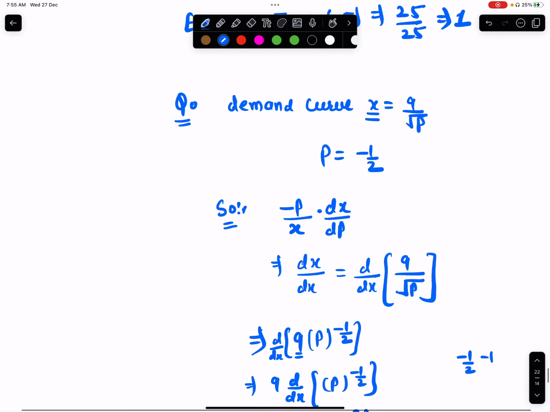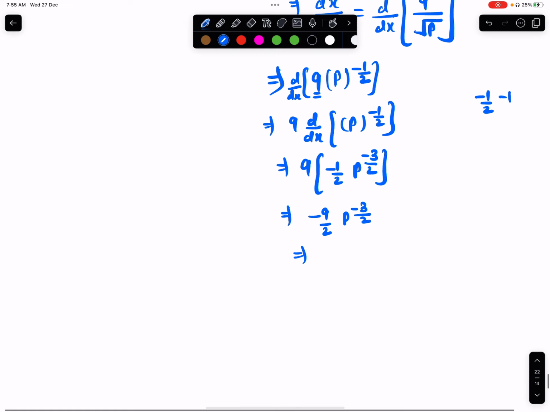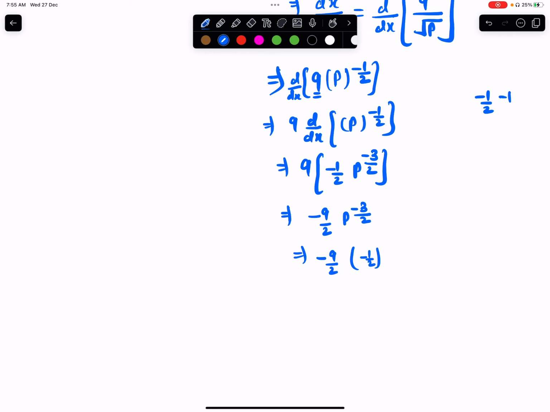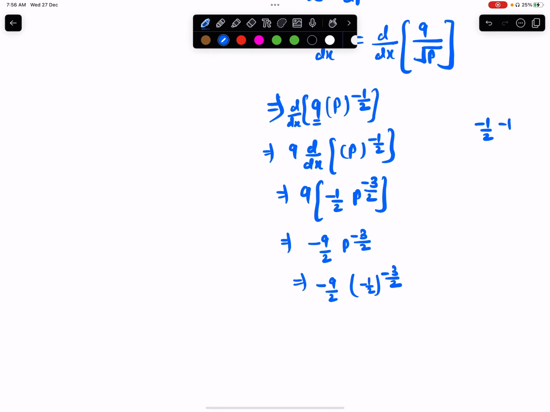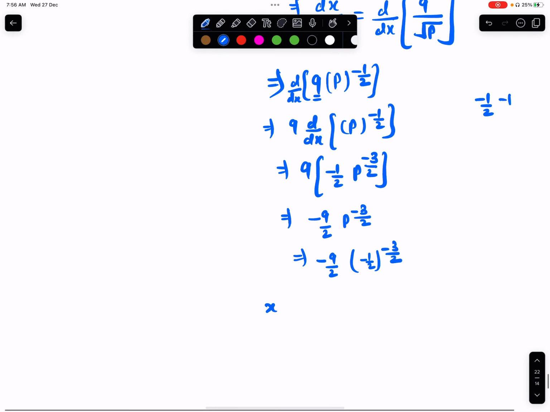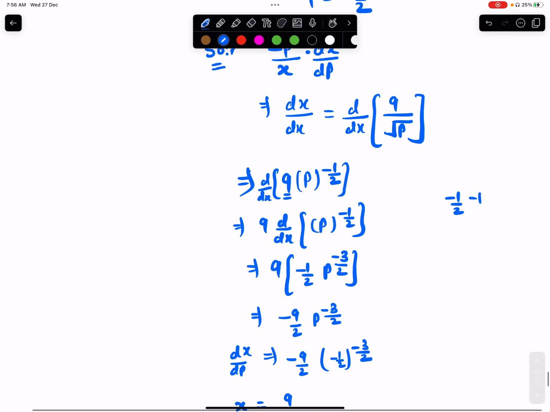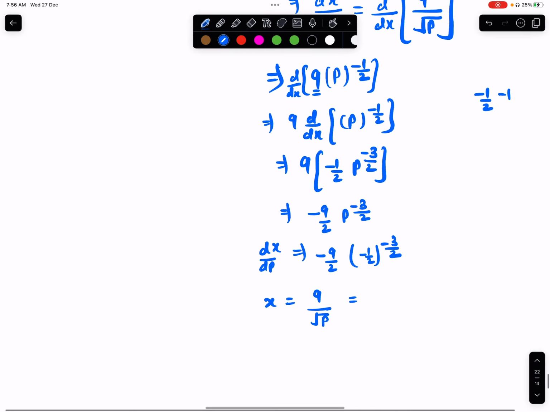Now we will put the value of p in it. After differentiating, p is minus 1 by 2, so minus 9 by 2, with p as minus 1 by 2, raised to the power minus 3 by 2. So this is our dx by dp. How will we get the value of x? X equals 9 by root p, that is equal to 9 by root of minus 1 by 2.